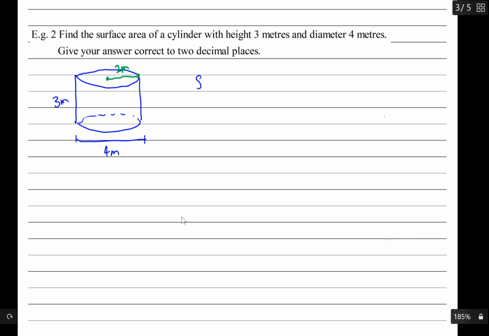The surface area is going to be 2 pi r squared plus 2 pi r h. That's 2 pi times 2 squared, because the radius was 2, plus 2 pi times 2 times 3. And from that, I don't want you to pull out your calculator straight away.